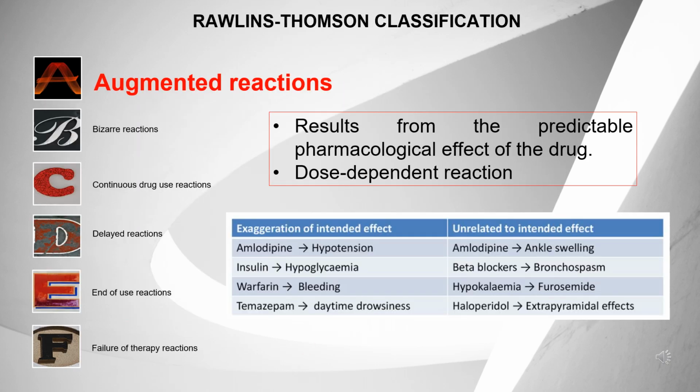Augmented reactions result from the predictable pharmacological effects of the drugs, and they are dose-dependent reactions. These are based on the pharmacological properties of the drugs, and they are very common, about 75% of ADR cases. And again, as I highlighted previously, these are predictable effects.